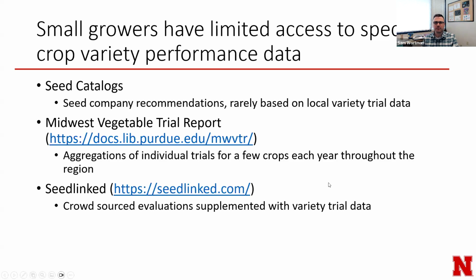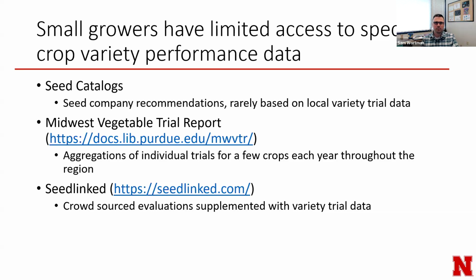Another really nice resource available to growers since I think about 2018, and has really progressed since then, is SeedLinked. And SeedLinked, if you haven't seen this, I encourage you to check it out. This provides a combination of crowdsourced evaluations with variety trial data. With this tool, growers and participants in these variety trials can enter categorical or qualitative evaluations of things like taste and yield and disease resistance.